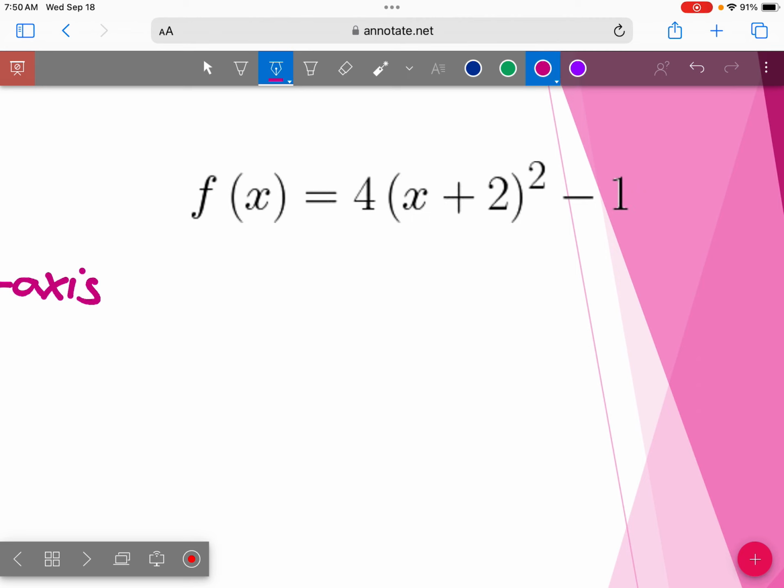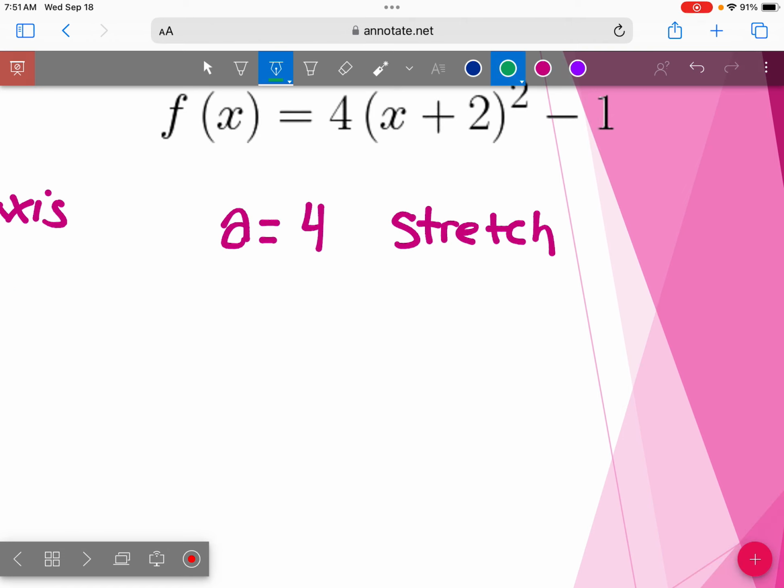All right. Last one like this, and then I'm going to show you why we care. What's our a over here? 4. What's that mean is happening? Stretch. What's my h over here? -2. It's always that opposite sign.